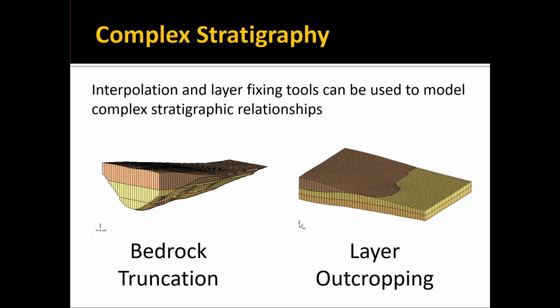That can be set up using the bedrock truncation tool. In other cases, maybe you have a lower layer that outcrops at the top, so the fix layer errors tool can generate data sets or results that look like this as well. So again, there are ways to fix those errors.